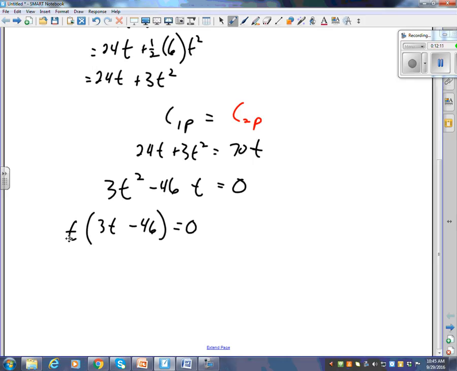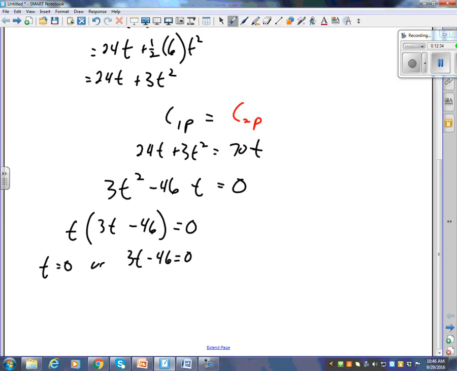When there's no head start, that means there's going to be no c. I knew ahead of time there was going to be no c. How come? Because I've done lots of these, and you will eventually know too. Okay, so this means that either t is equal to 0, or 3t minus 46 is equal to 0.